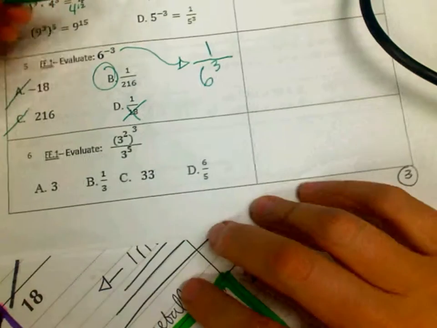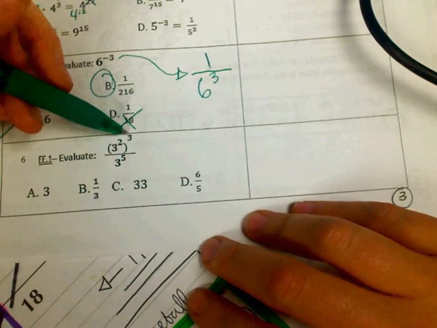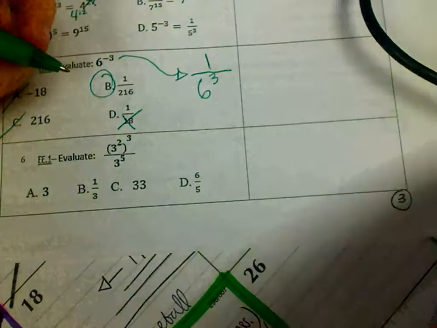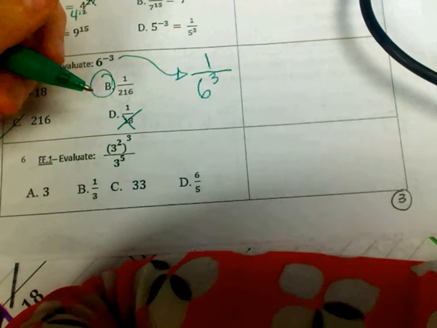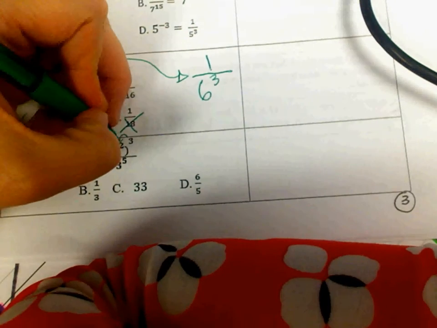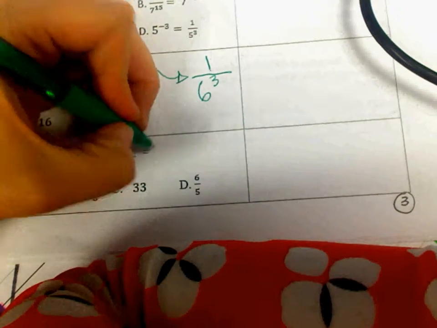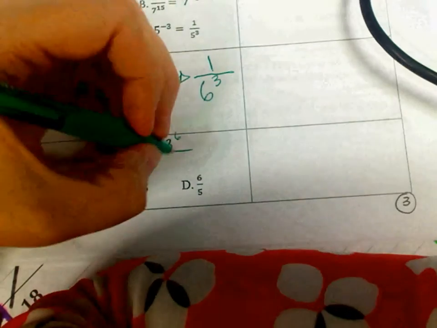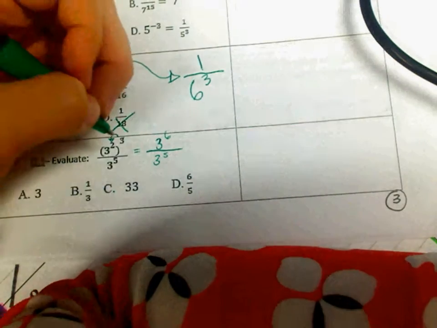Okay. This one, 3 to the second power raised to the third power, divided by 3 to the fifth power. So we need to get rid of the parentheses first. So the parentheses has a 3 on the outside, so we need to distribute and multiply the exponents. 2 times 3 is 6, so 3 to the sixth power over 3 to the fifth power.